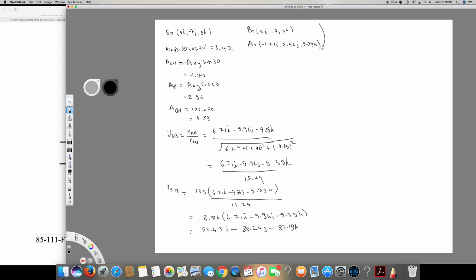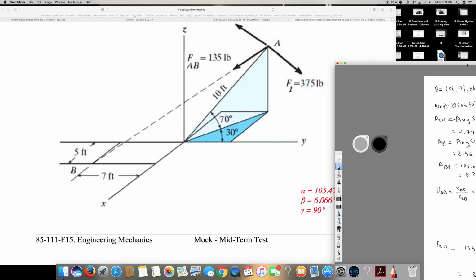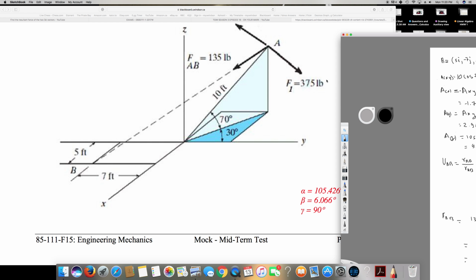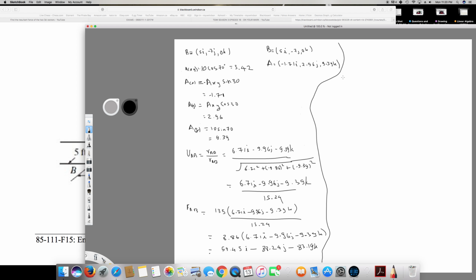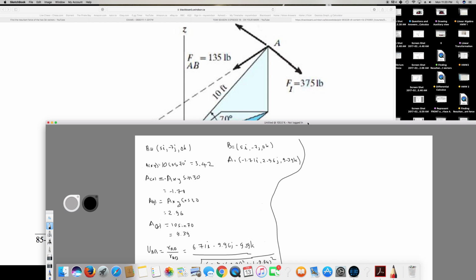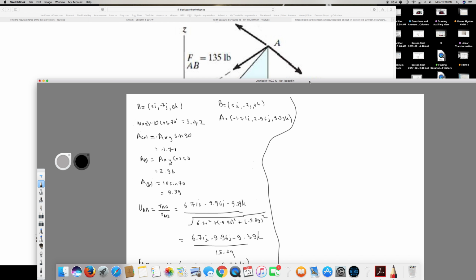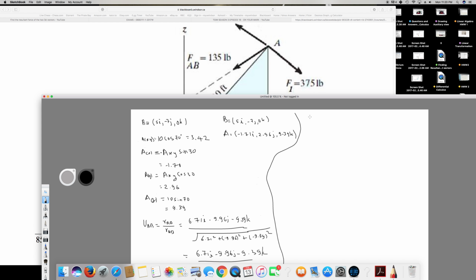Now one more thing I can do is calculate F1. We have found the Cartesian components for FAB, but we have to find the Cartesian components for F1. Usually the formula uses a unit vector, but in this case we don't have a unit vector for F1.